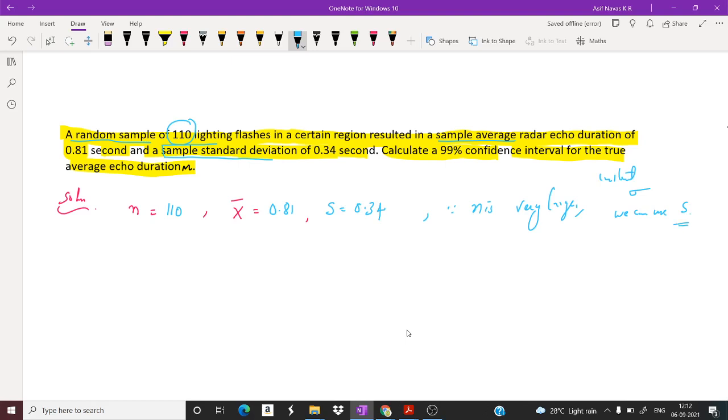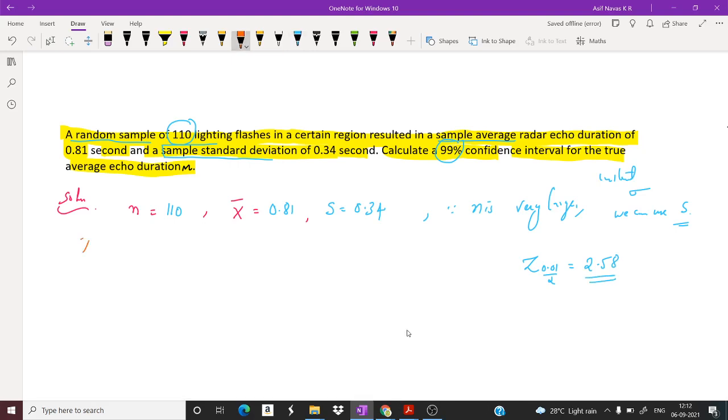And we want a 99% confidence interval. That means Z alpha by 2, with alpha 0.01, is equal to 2.58.